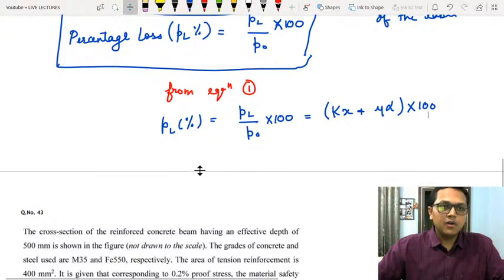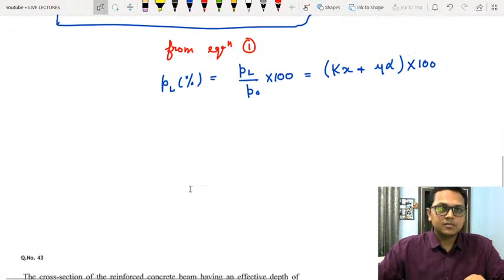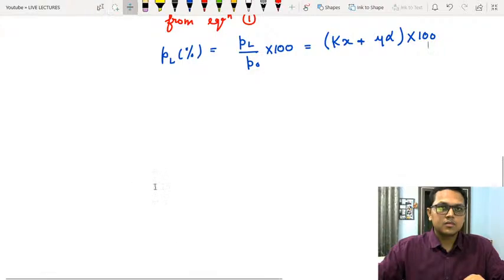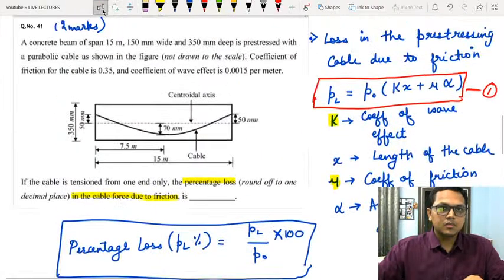Now what is the value of x and alpha? What is the value of x and alpha?